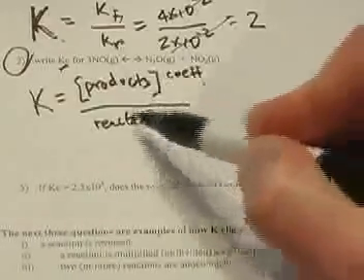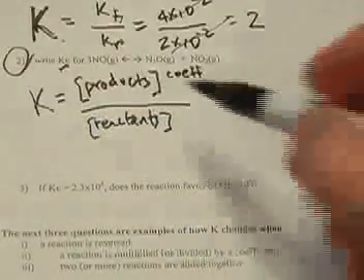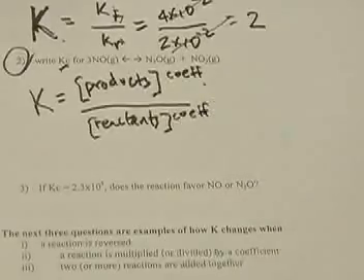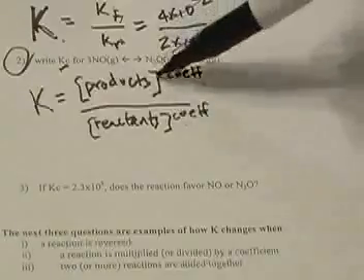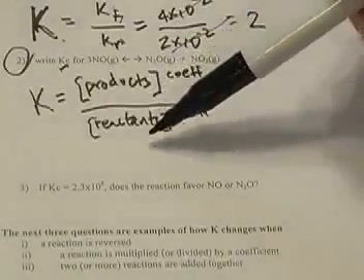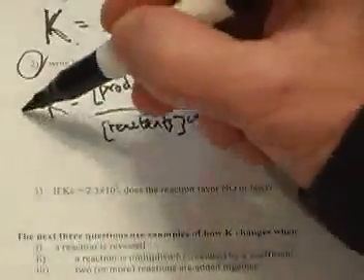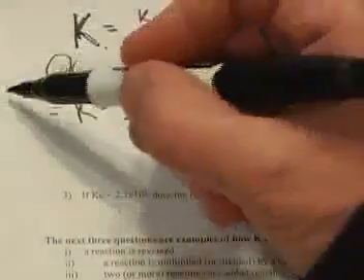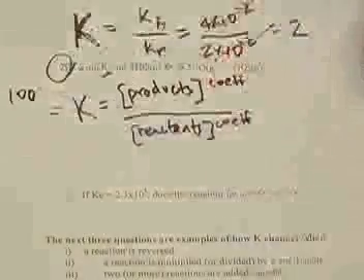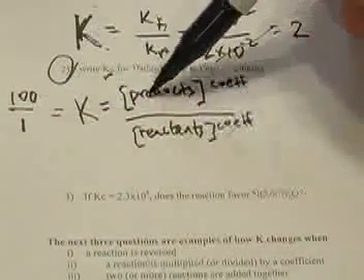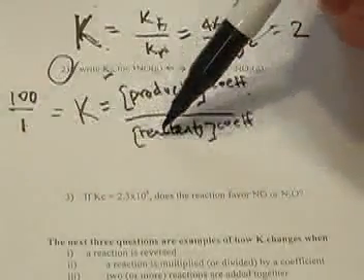And once again, it's the concentrations or the pressures, depending on what it is, to the power of its coefficient or coefficients. If there's more than one, you multiply those together down here as well. It's always products on the top, reactants on the bottom. And remember, when you get a numerical value for K, say, for example, the numerical value is 100, it's always considered to be 100 divided by 1, meaning there's lots of products and less reactants.